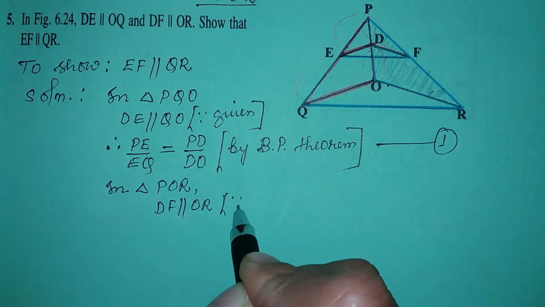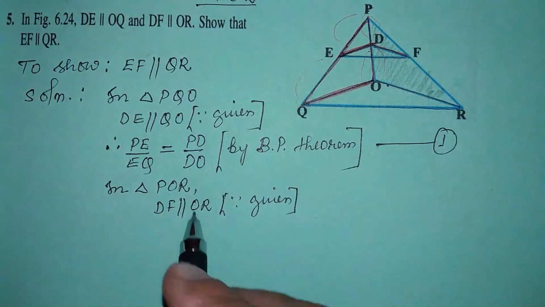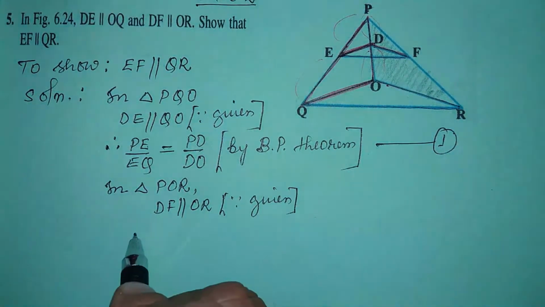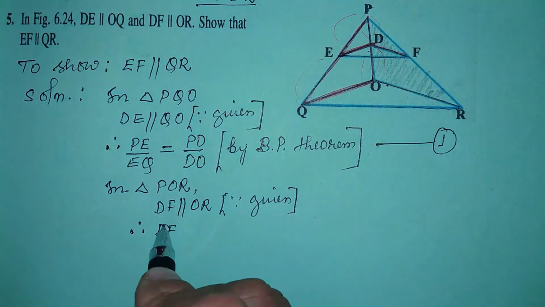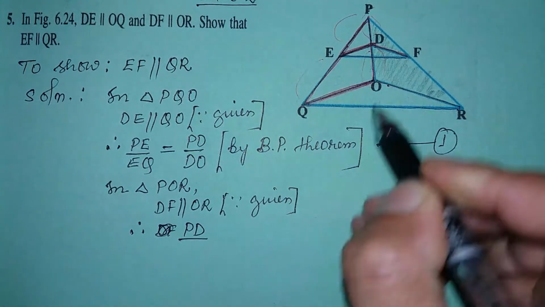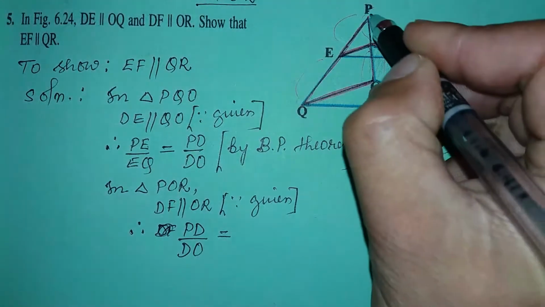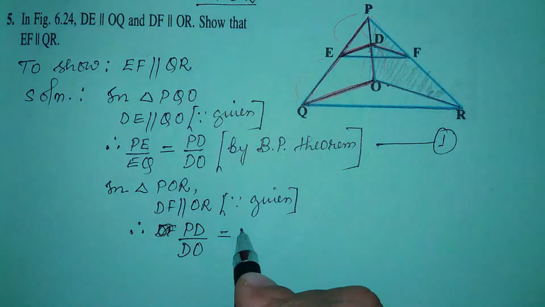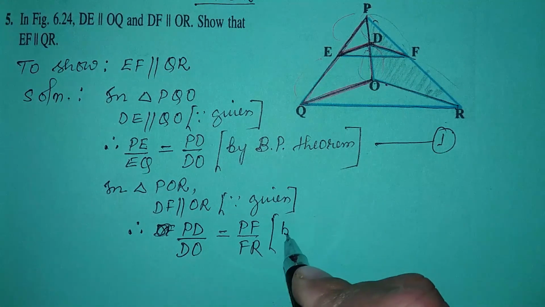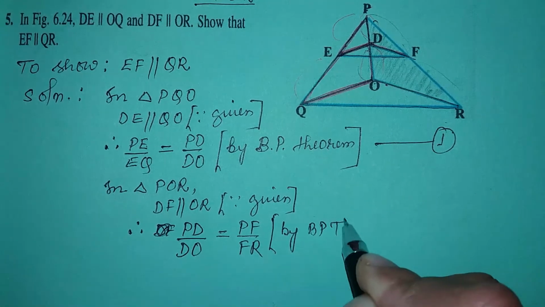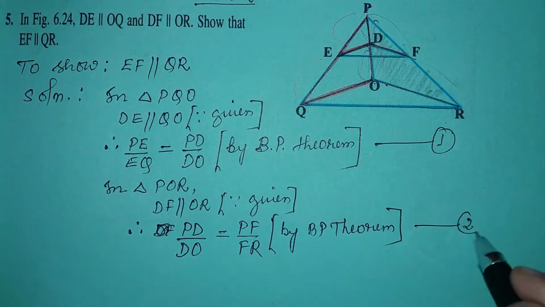This is given in the question. Therefore PD by DO will be equal to PF by FR. This is by the basic proportionality theorem. Now let's call this 2.